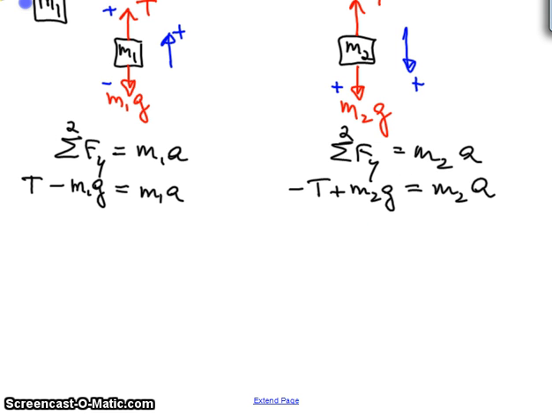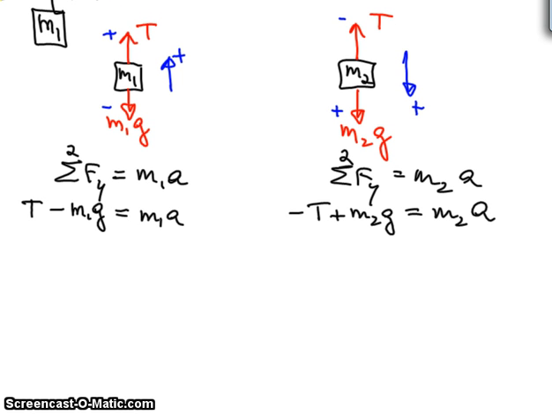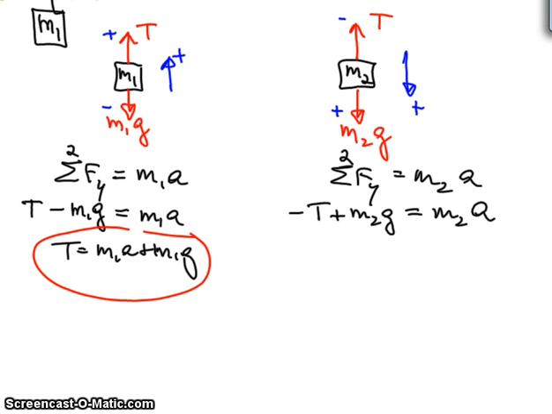So there's a number of ways you can do this. One way we can do it is this. We can solve for the tension in this one. We say the tension equals M1A plus M1G. Then we can plug this into here. So we get minus (M1A plus M1G).